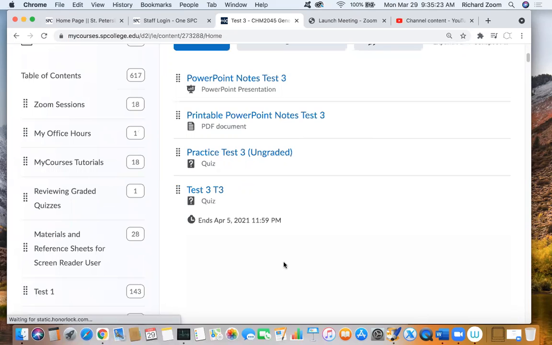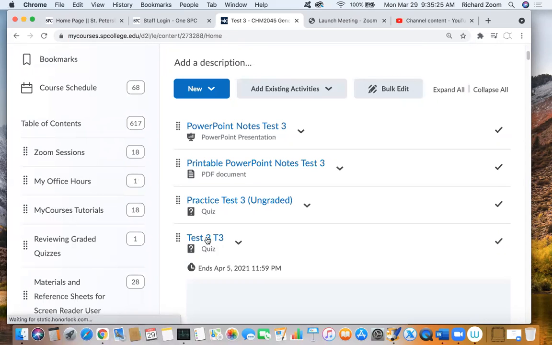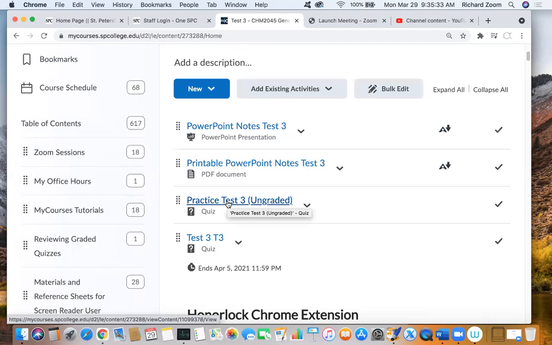Okay, now the other thing is that test 3 is just going to be the exact same test as practice test 3. So the best way to study for test 3 is to do practice test 3 under the same conditions as you would on an exam, that is closed book, but with a handheld calculator, and basically do that until you're getting a good score on it, or a score you're happy with, and you should be able to get the same score on test 3.